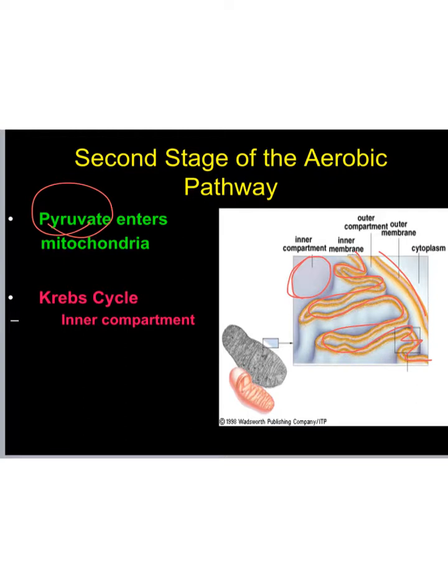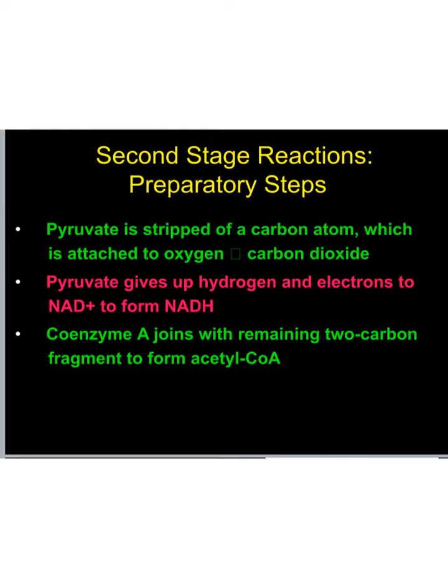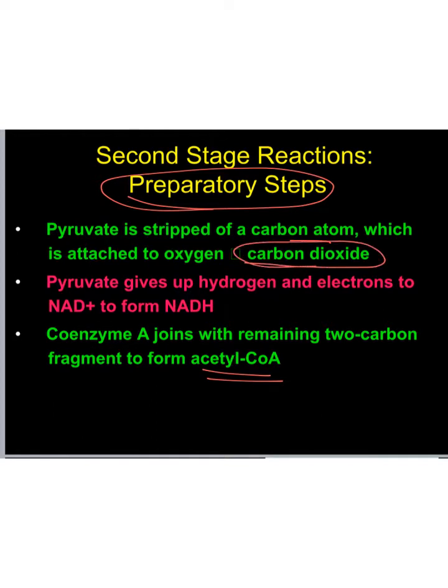All right, so before we can enter the citric acid cycle or the Krebs cycle, we have to carry out what's called the prep step. We have to prep pyruvate to enter that cycle because it can't enter as pyruvate. It has to enter as something called acetyl-CoA. So pyruvate is going to be stripped of a carbon atom. We're going to take one carbon atom off, and we're going to convert that to carbon dioxide. So remember, plants are going to use that carbon dioxide to carry out photosynthesis.